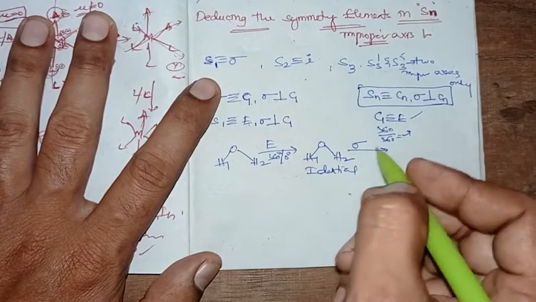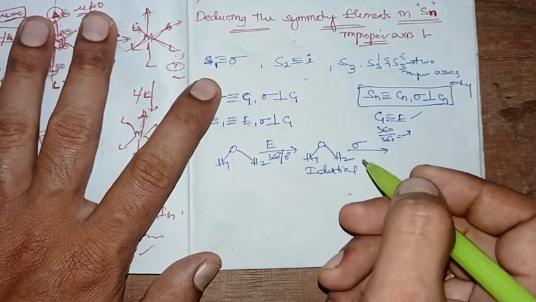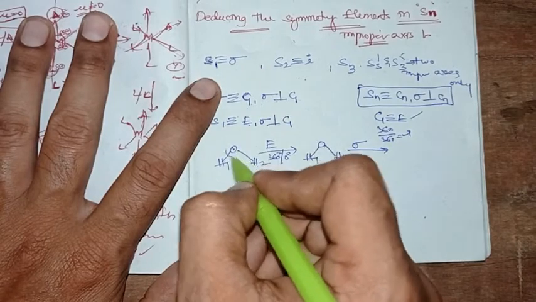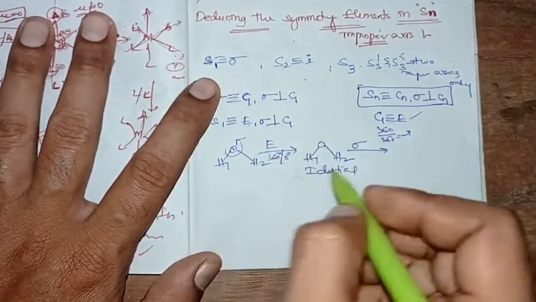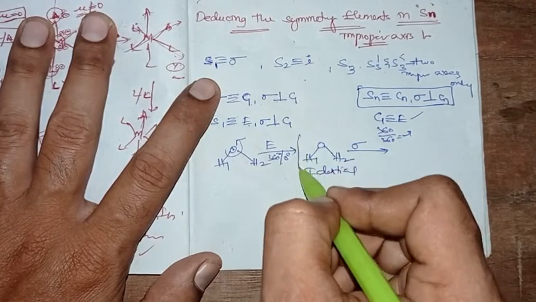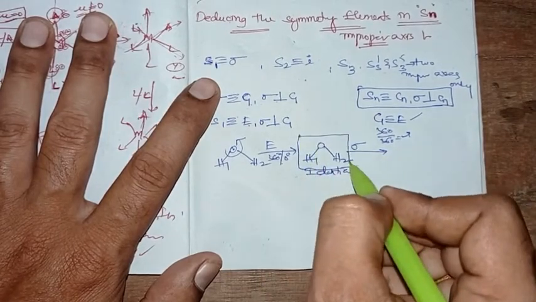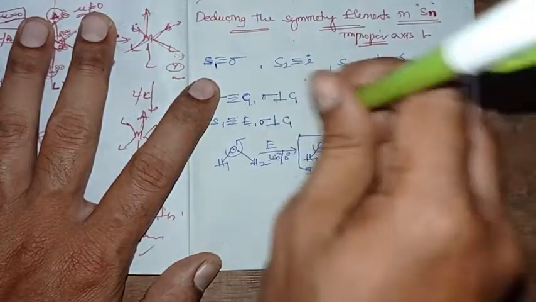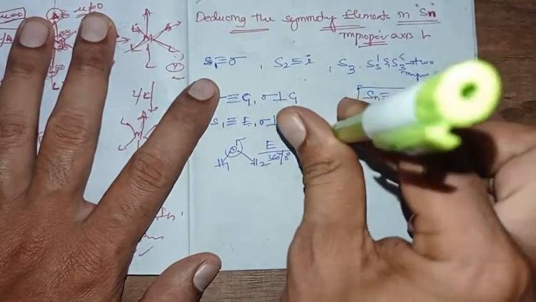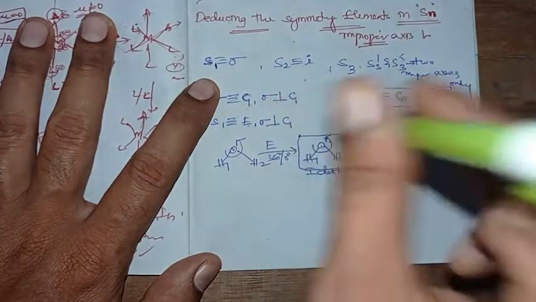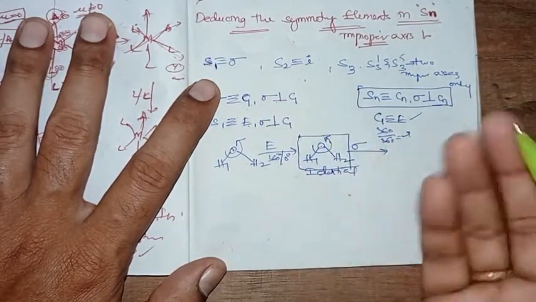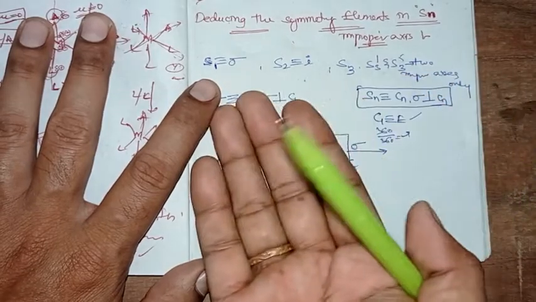Take the rotational axis to be like this, right? So how do we apply the plane? Perpendicularly, like this, right, by taking the axis towards you and on the molecule, and for the perpendicular we apply the plane on the planar molecule.